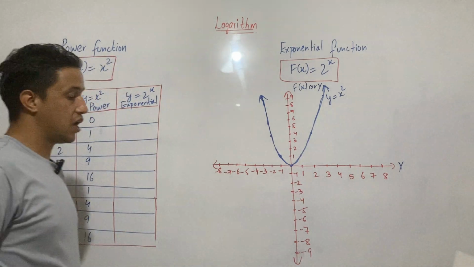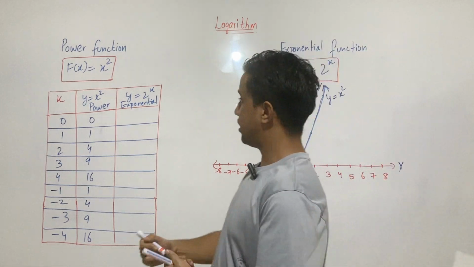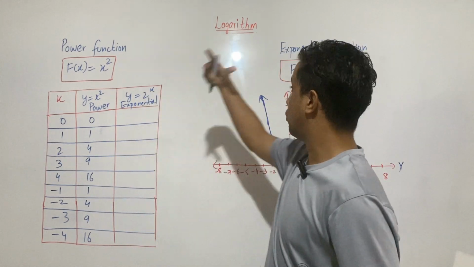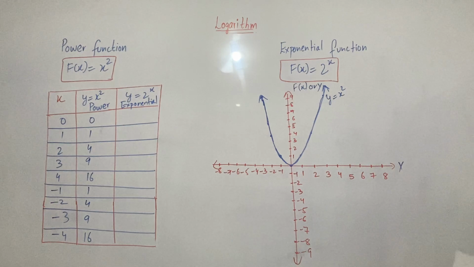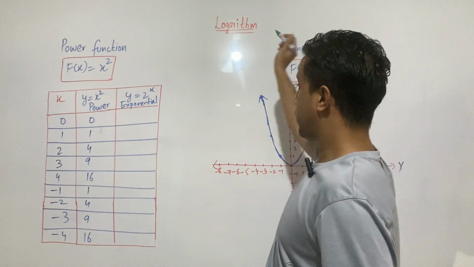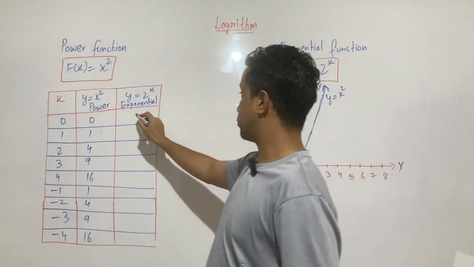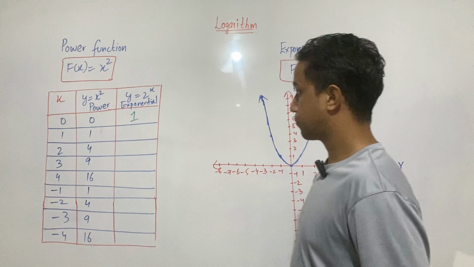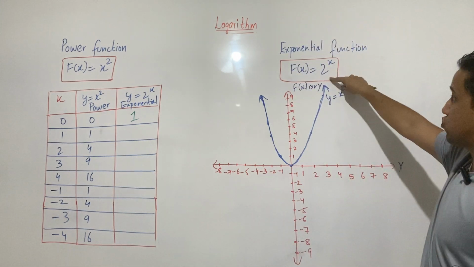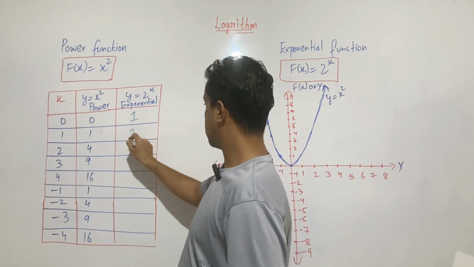All right, now let's see the other one. Now we are going to check the values of the exponential function. If x is 0, then y is 2 raised to the exponent 0, which is 1. When you have x equals 1, it's going to be 2.